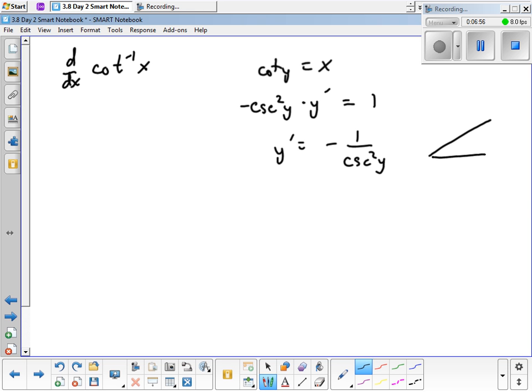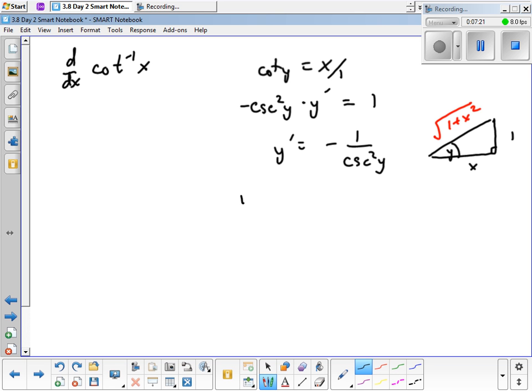Drawing where cotangent of y is x over 1. Cotangent is adjacent over opposite. So there's your cotangent, y equals x over 1. Here your hypotenuse is this.